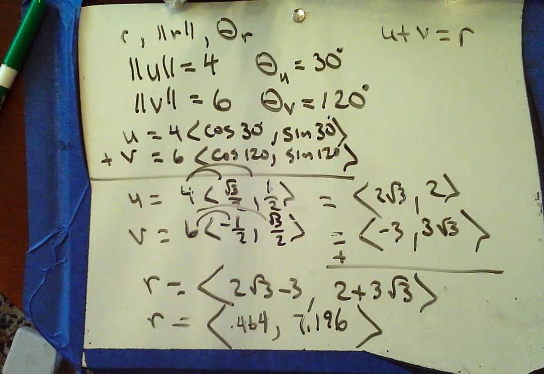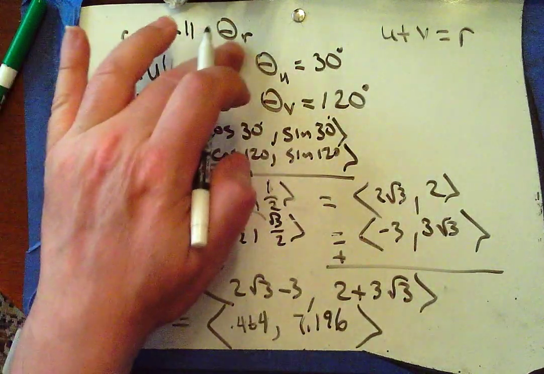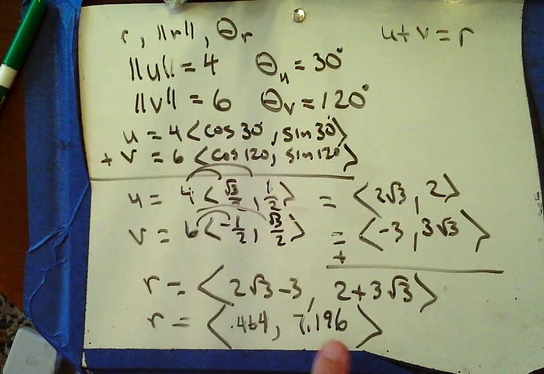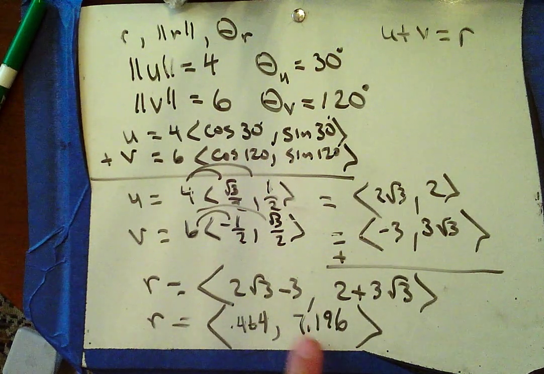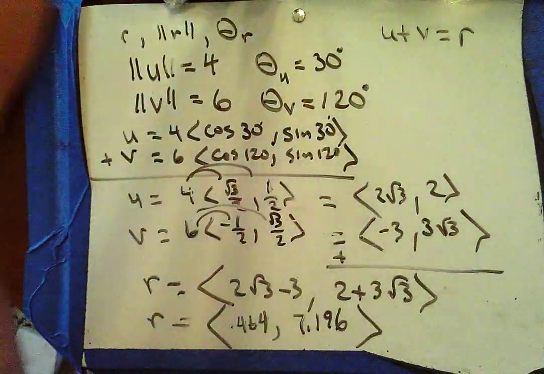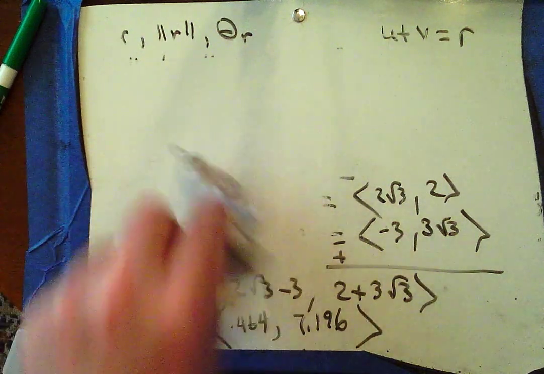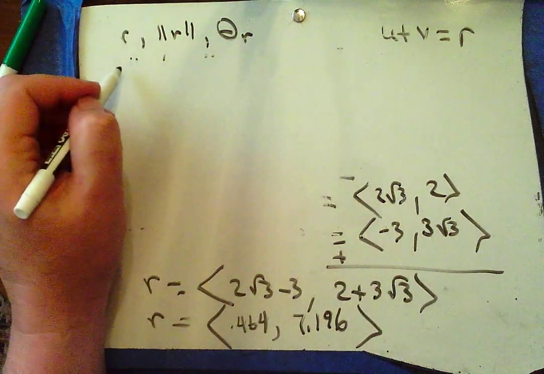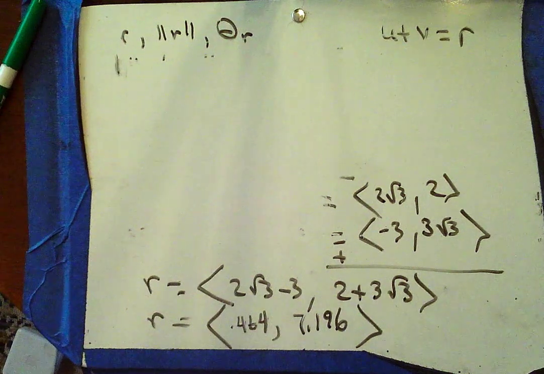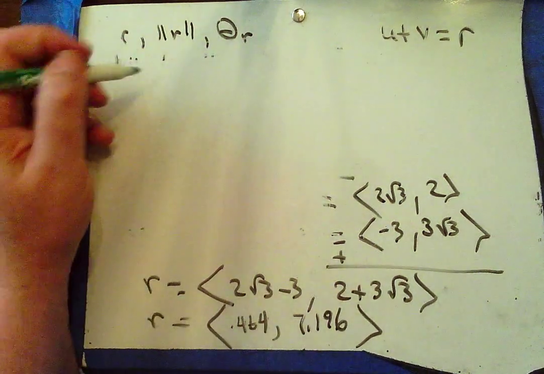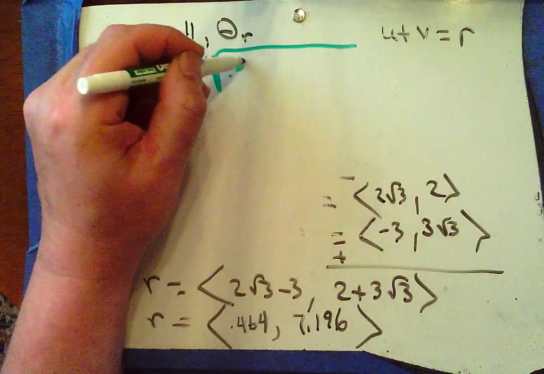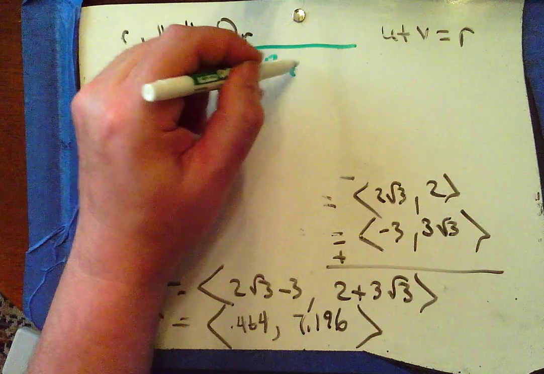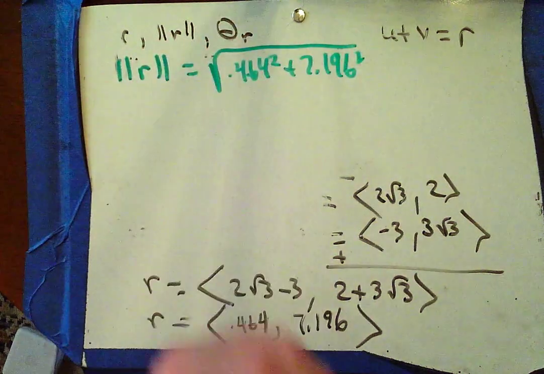as decimal. Now what about the magnitude of r and theta r? Well, for magnitude, I'm going to do Pythagorean theorem with these. And for theta r, I'm going to do inverse tangent with these. So let's set those up. Okay, magnitude of r is going to be the square root of 0.464 squared plus 7.196 squared.